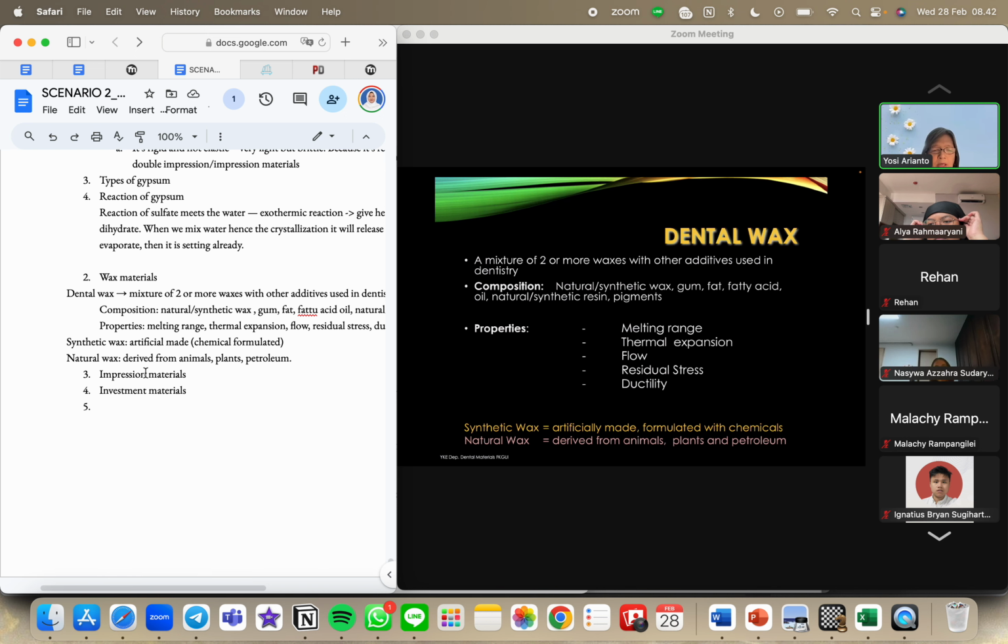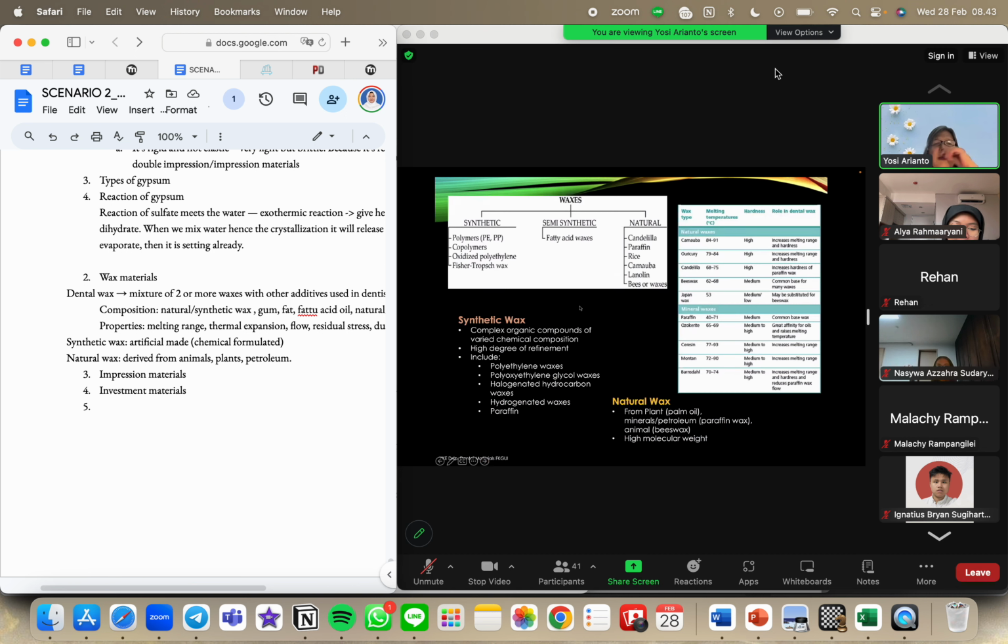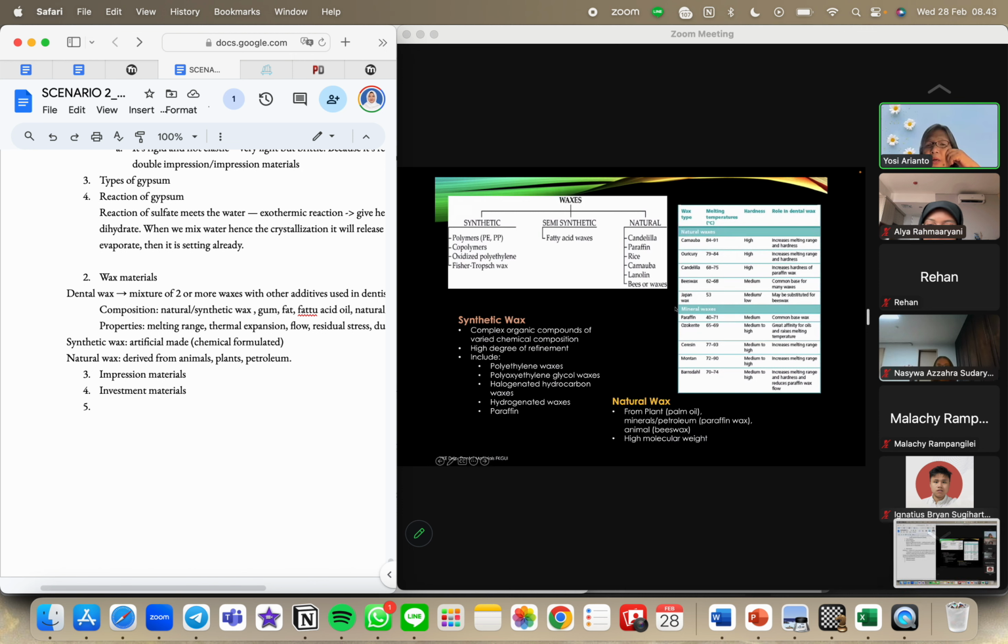Okay, this is the synthetic wax used. It is artificially made with chemicals, but natural wax is derived from animals, plants, or oil, and usually has a high molecular weight. This one is the classification of the wax, and also the components of the wax, and you can read it later.